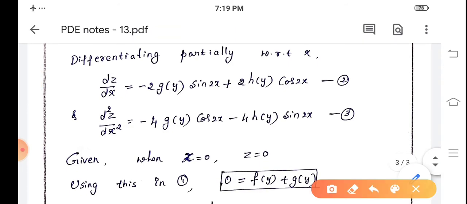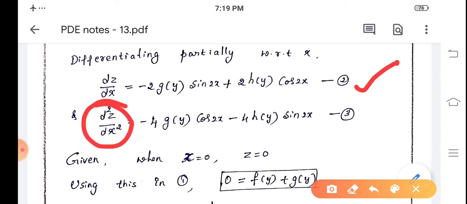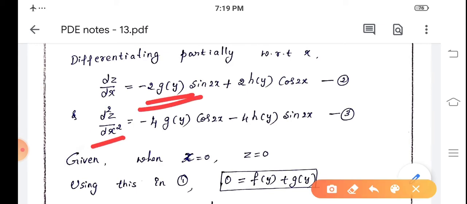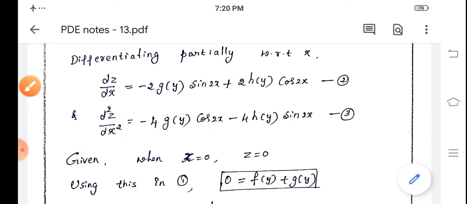Again, we differentiate equation 2 partially with respect to x to write ∂²z/∂x². So differentiating equation 2 partially with respect to x, we obtain ∂²z/∂x² equal to minus 2 g of y is constant, derivative of sin 2x is 2 cos 2x, then we are getting minus 4 g of y cos 2x.